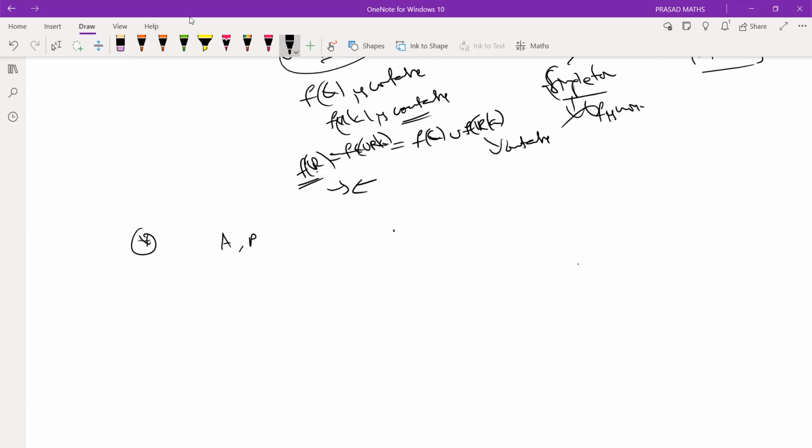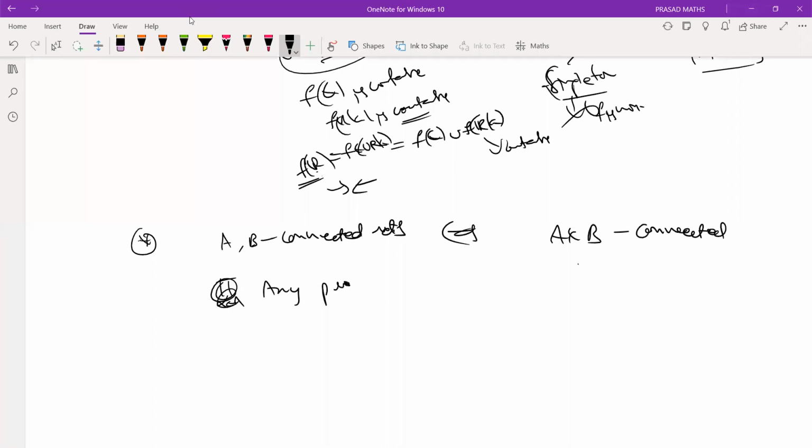The second property: suppose A and B are connected sets. A Cartesian product is connected if and only if each factor is connected. Of course it is true for uncountable products too; in fact, any product of connected sets is connected.